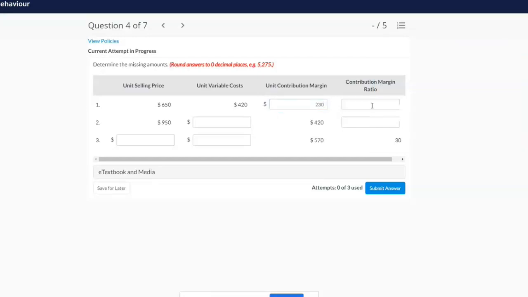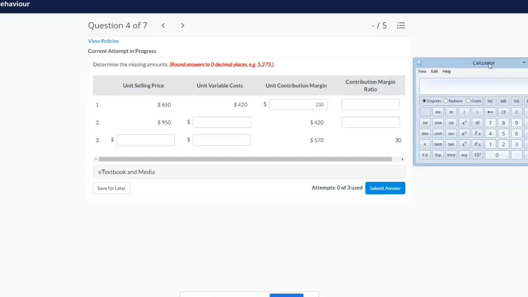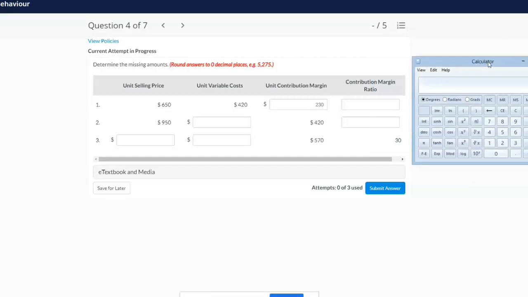Contribution margin ratio should be variable cost by sales, no, not variable cost, the other way around. You want the contribution margin, which is 230 right now.